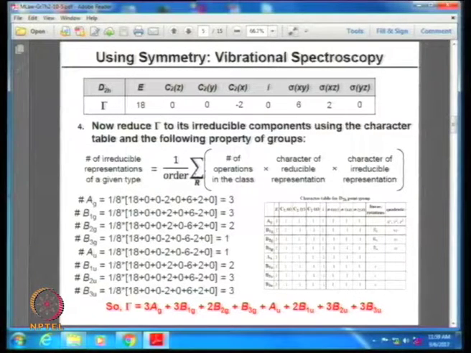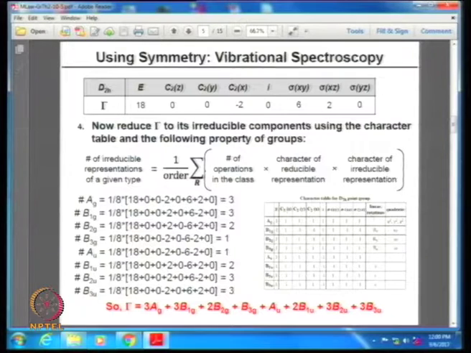This is our formula, right? You remember this formula. So now it begins to look very busy and complicated, but it is not really, except that he has filled out here the entire character table, which we don't have time to derive right now.